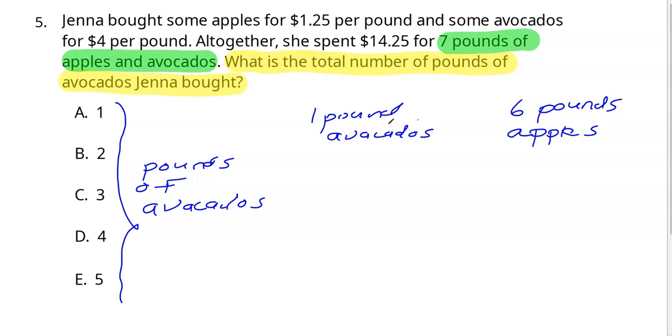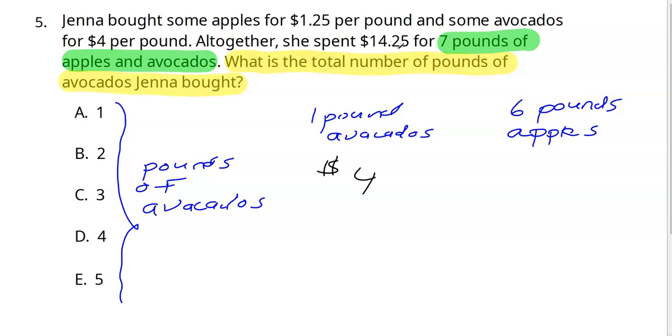Now let's see, how much was each avocado? It says avocados are $4 per pound right here. So if I bought 1 pound of avocados and it's $4 per pound, 1 pound is $4. And in this situation I would have had to buy 6 pounds of apples.